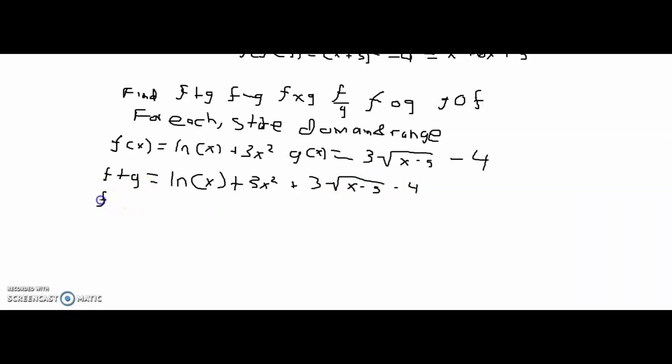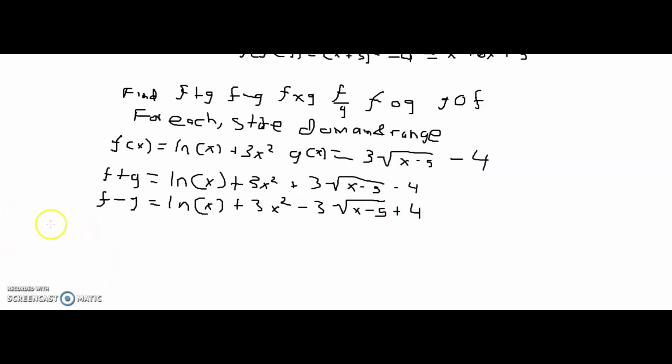For f minus g, again, same thing, there's no like terms, so we just list them all out. Natural log of x plus 3x squared, and then this becomes minus 3 square root of x minus 5. And be careful here, I'm subtracting the entire function, so this is minus minus, which turns into plus 4.